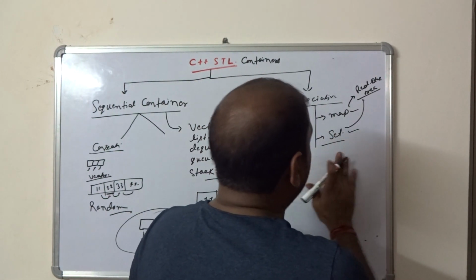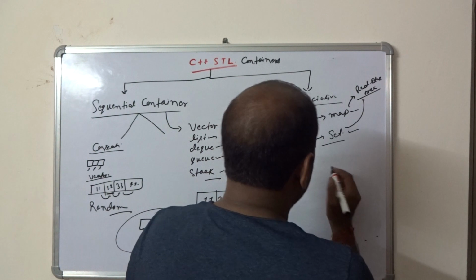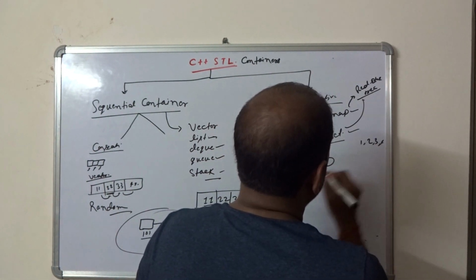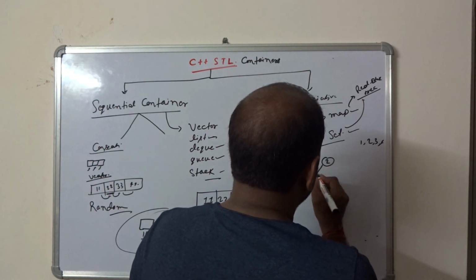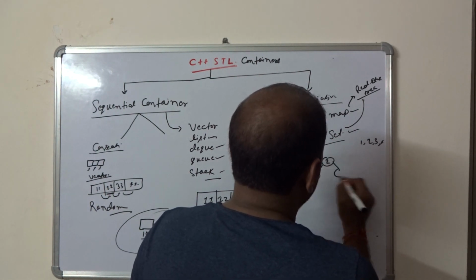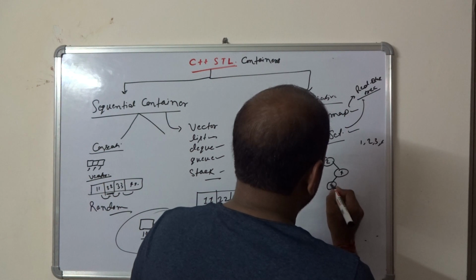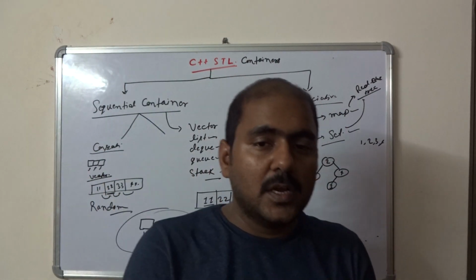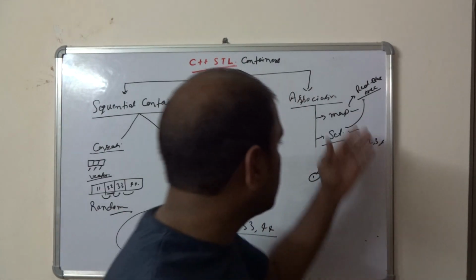In the red black tree, let's say you have inserted something like 1 2 3 4, and a tree is created.